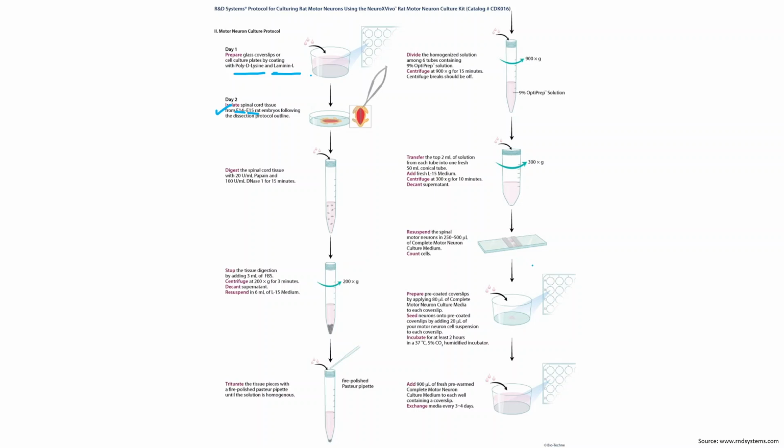Once you have counted your cells, you know in what volume of solution you're taking what number of cells. Now you can culture your cells, using a specific medium in your already coated plates. Okay, and then you can go on culturing them. So this is the basic protocol of isolating your rat neuronal cells and then culturing them.